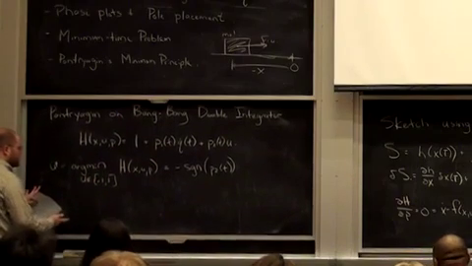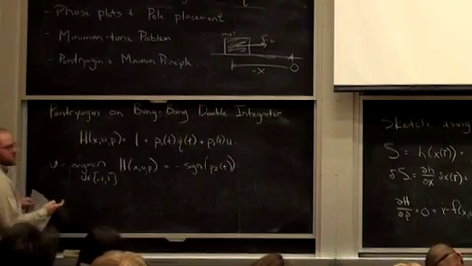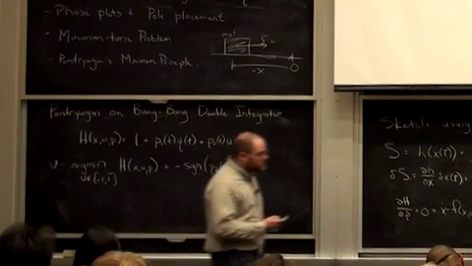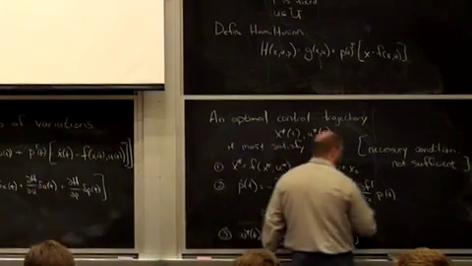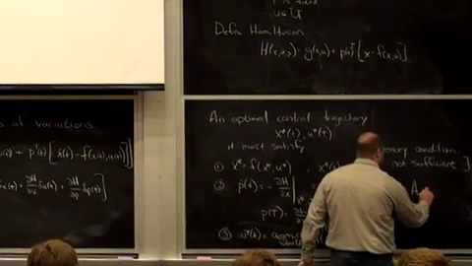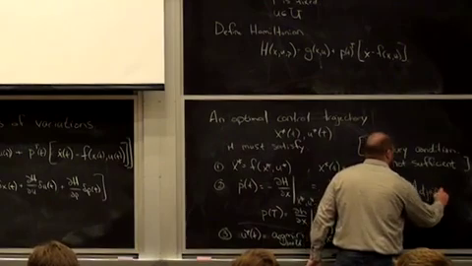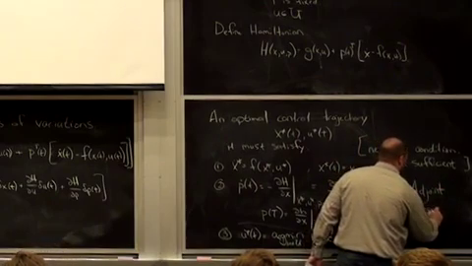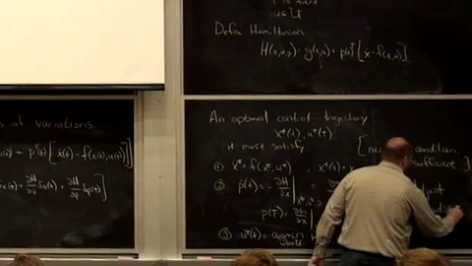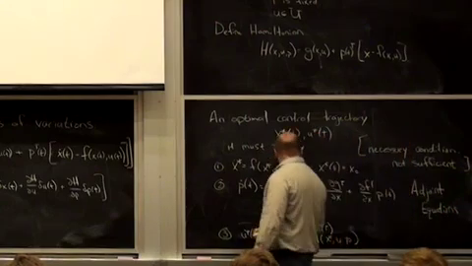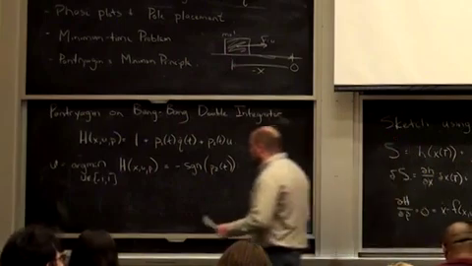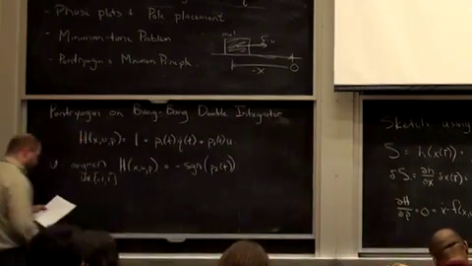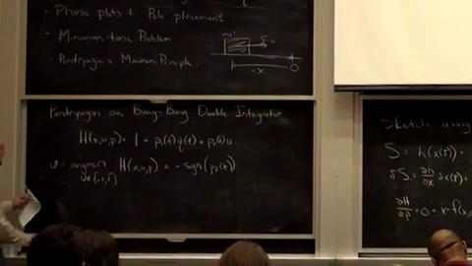My equations for p, which if I didn't use the word yet, I should have, are called the adjoint equations.